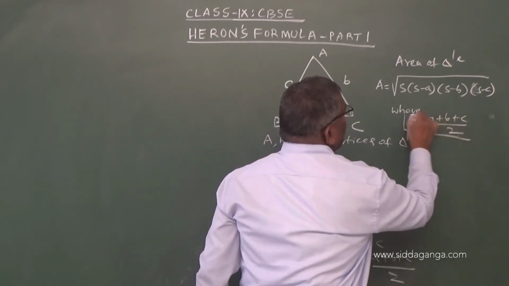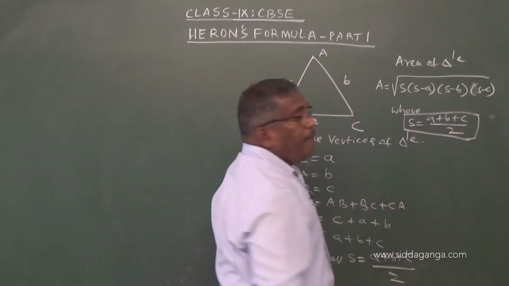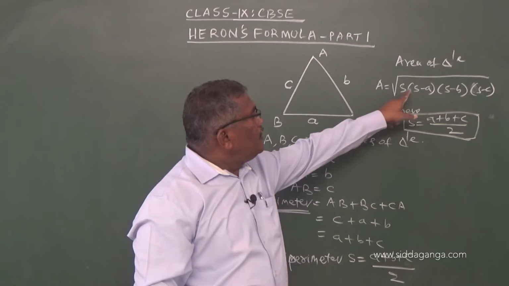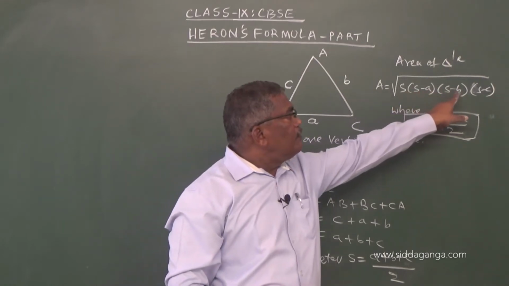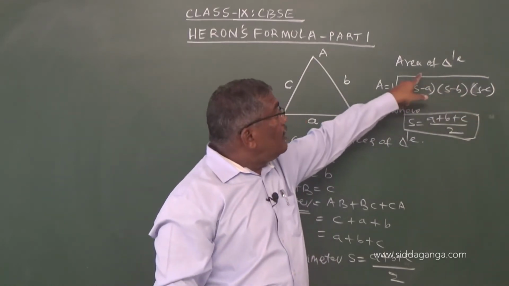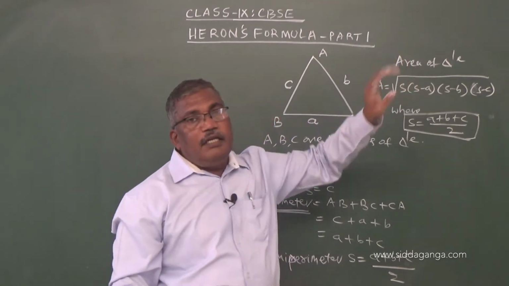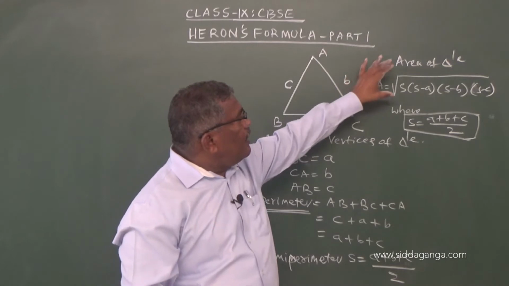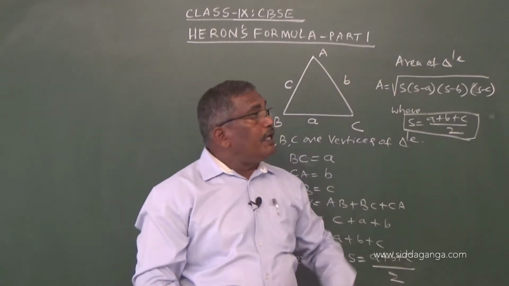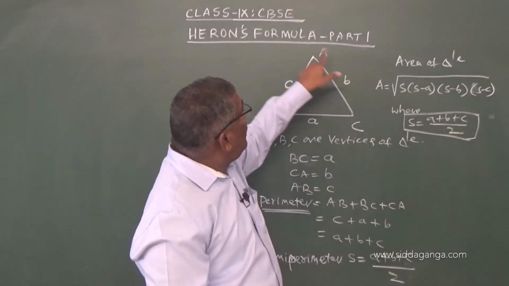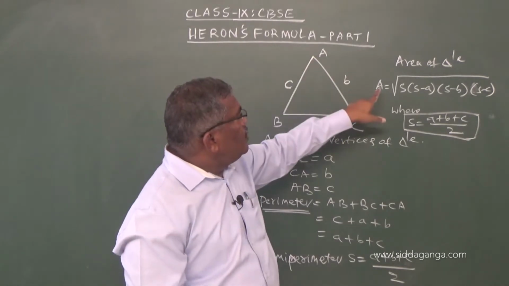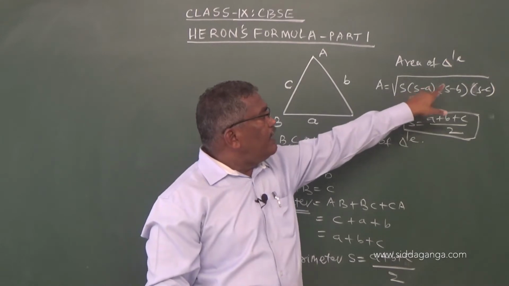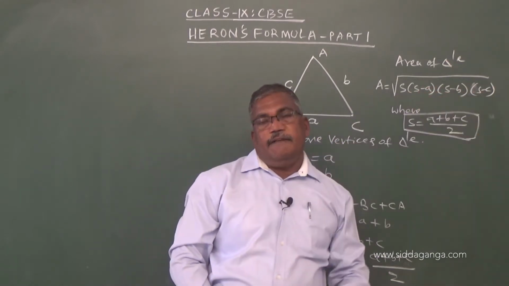What is a plus b plus c? It is nothing but the perimeter. Perimeter divided by 2, and s into s minus a into s minus b into s minus c under the square root will give the area of the triangle. This is the standard formula which you have to remember.